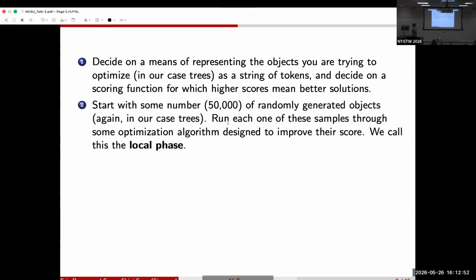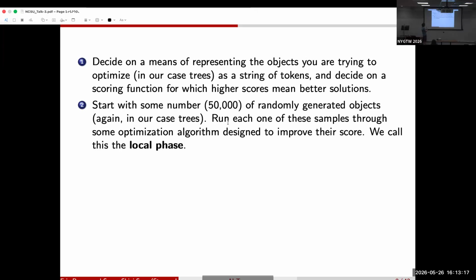Step 2, start with some number, in our case 50,000, of randomly generated objects. Run each one of these samples through some optimization algorithm whose only purpose is to improve the score. I'm not talking about some sophisticated computer science here, like a greedy whatever, which is basically what we're going to be doing. Just anything that improves the score.